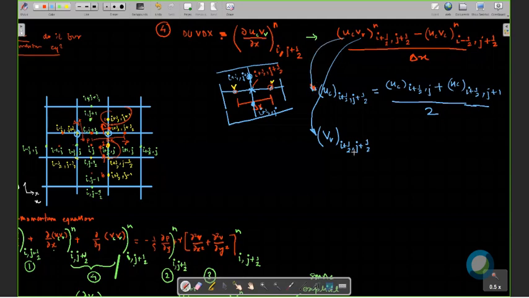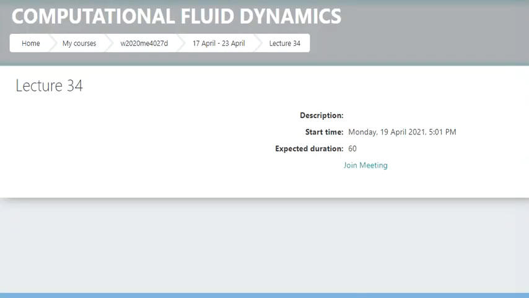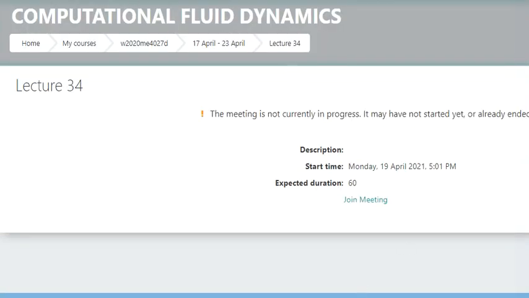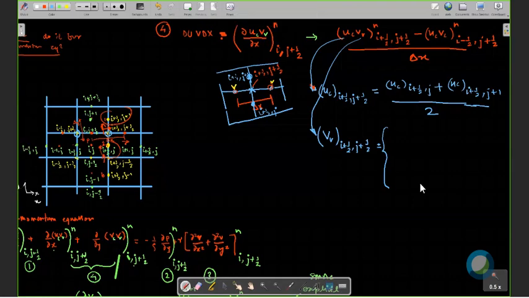This VV will be equal to either one of the values at i, j plus half or i plus 1, j plus half. Okay. So based on the value here, suppose you got a UC here, then based on that UC, it will be either this or this.